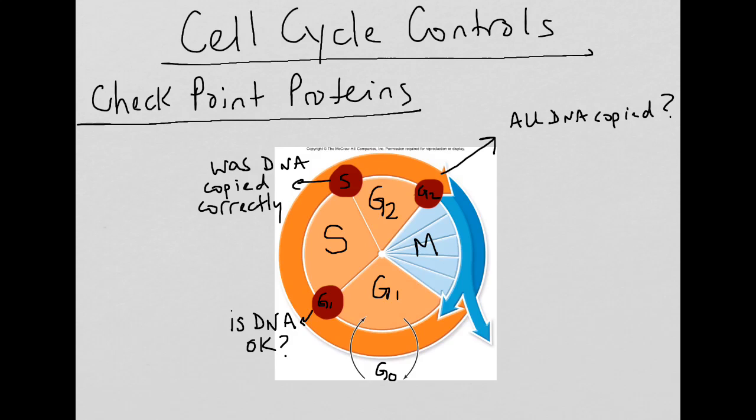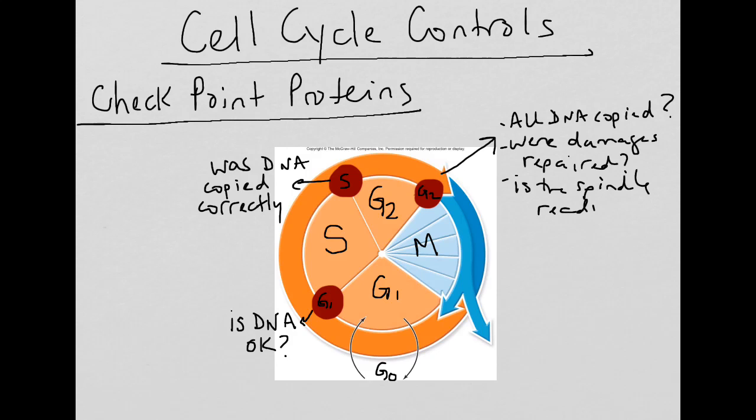Was there any damage? Were damages repaired? Damages, mistakes. Okay. And finally, is the spindle ready? Okay, do we copy our centrioles? Do we have our machinery in place?